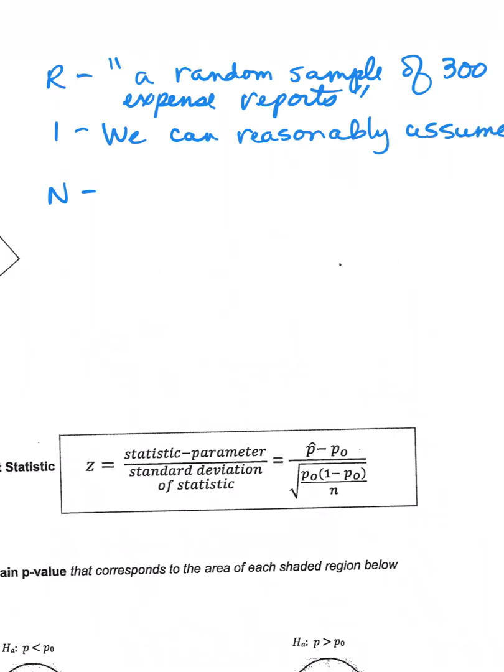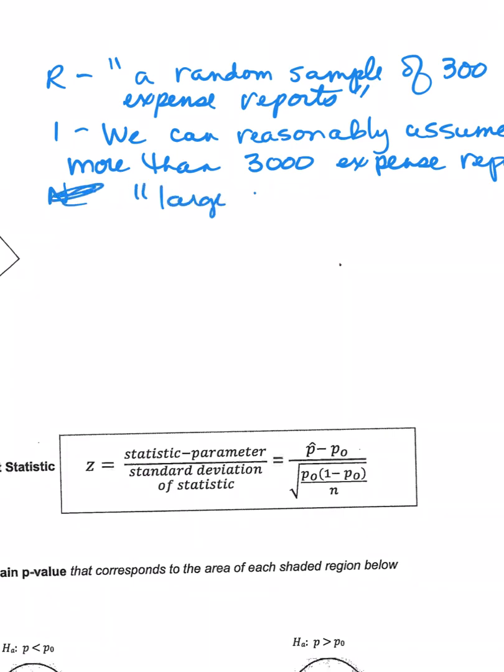There are more than 3,000 expense reports, right? At a large company, right? That's probably true. And N. How do we check N? So the first thing we need to figure out is what is the percentage?